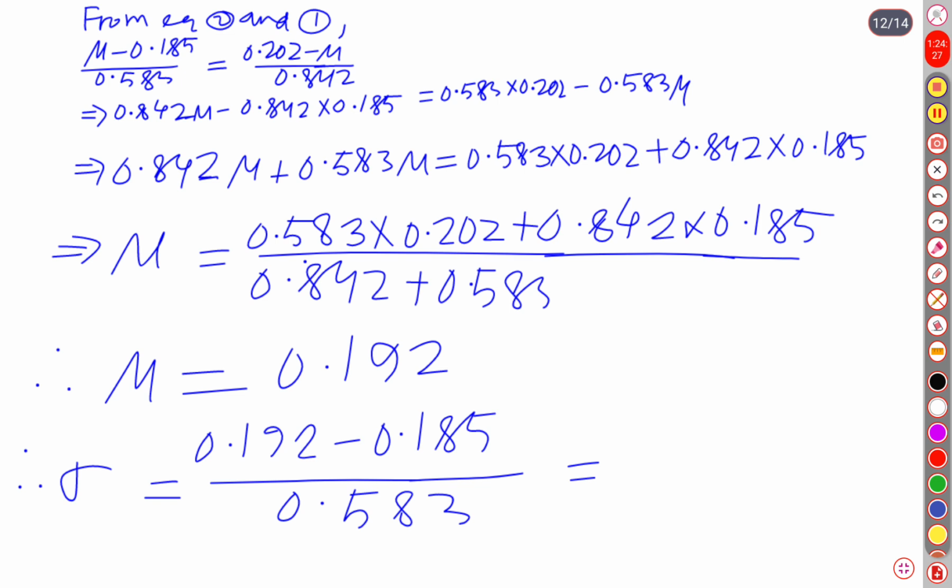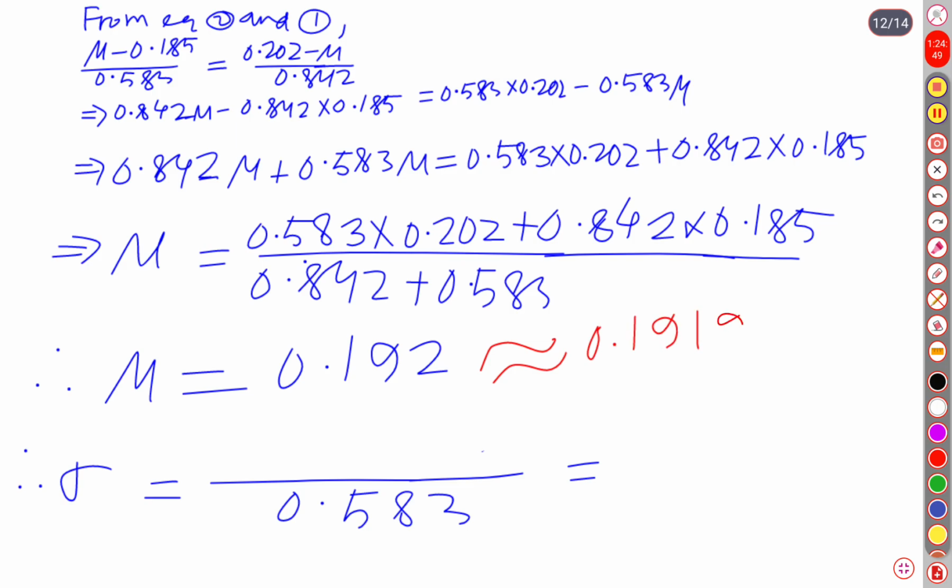Now, if we use the rounded figure, we will not get the exact value. So let us write some more digits. It was actually 0.191955955. So we will try to write this exact value.